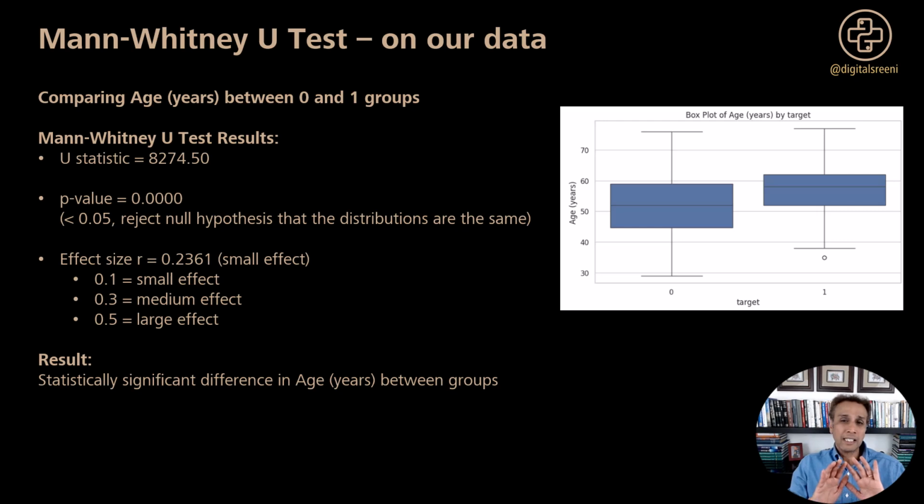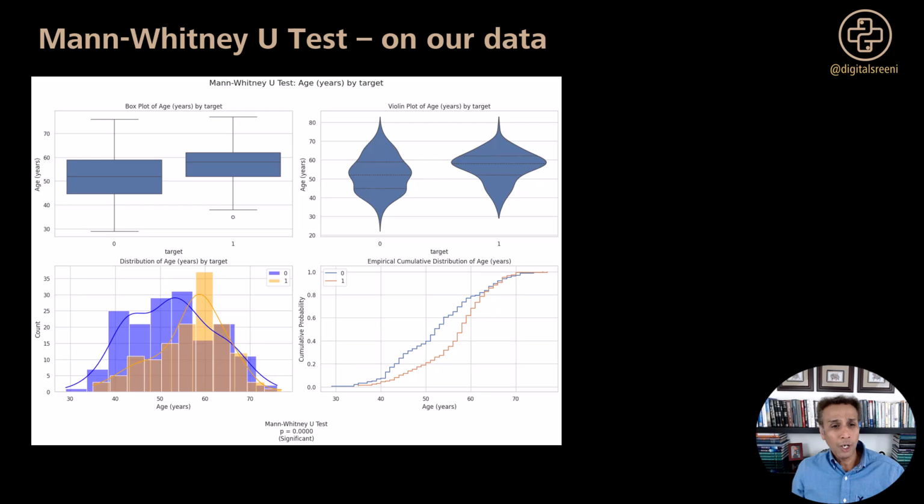So the summary, after doing our Mann-Whitney U test and looking at p-value and effect size, is that the distributions for age, whether there is heart disease or no heart disease, have a statistically significant difference between these two groups. That's the conclusion here.